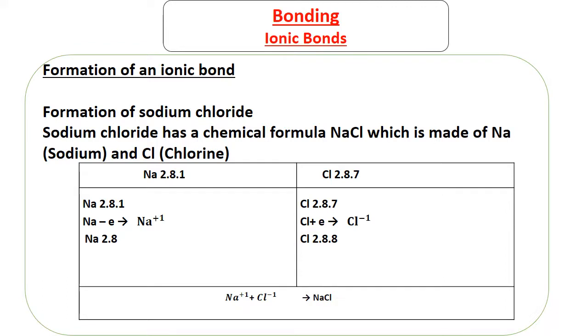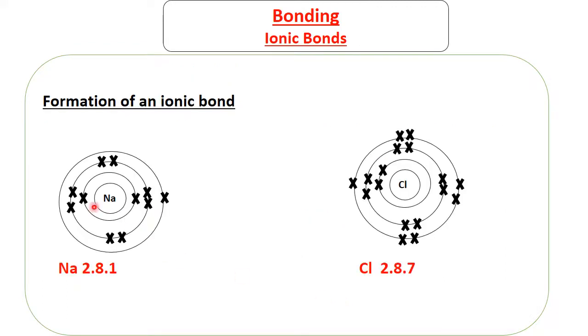Let's take a look at a visual representation of what happens. This is an atom of sodium and this is an atom of chlorine. The electron in the outermost shell of sodium is going to be lost and chlorine is going to gain this electron. Once chlorine has gained this electron, sodium will have 8 electrons in its outermost shell.